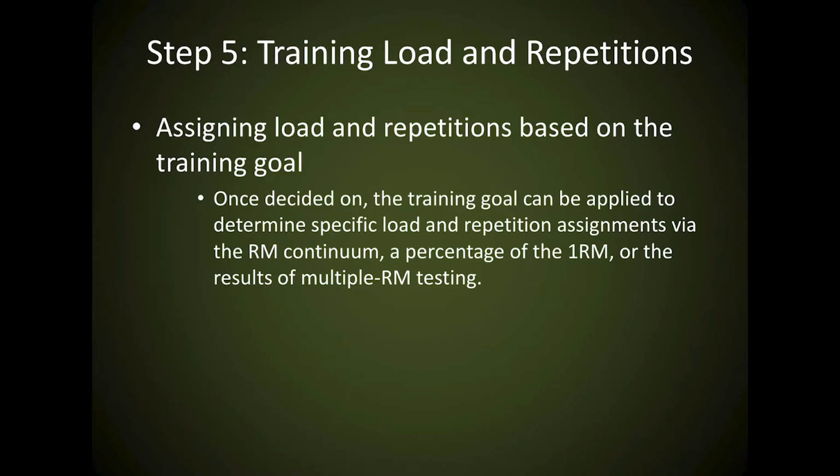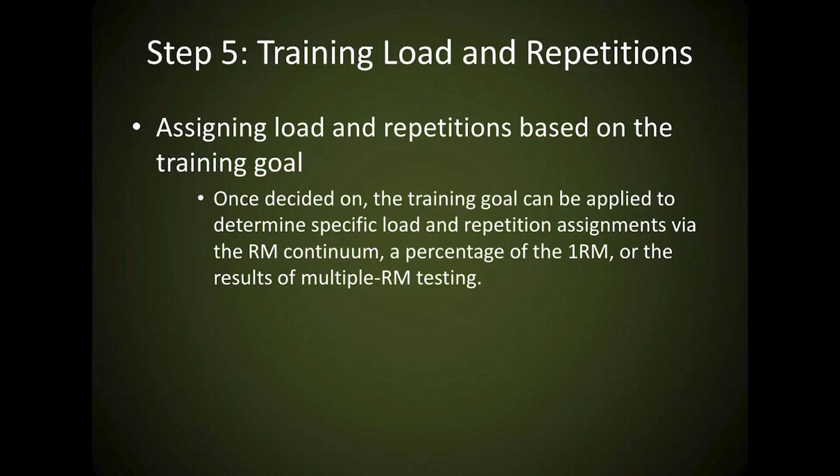So you can use either some sort of extrapolation of a repetition maximum, the percentage of the actual RM, or use some sort of repetition maximum test, and then go from there, determine what the repetitions are going to be and what the actual weight is going to be for each one of those sets, and the amount of reps that someone is going to be performing.